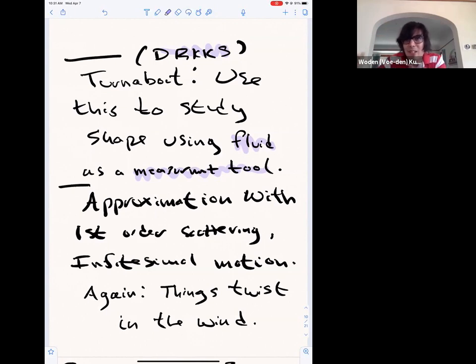Does it twist this way? What's going on there? I'm not going to care about what happens further along. That infinitesimal motion is going to give me some information about this object. We don't need to worry about how it evolves in time. We'll look at that instantaneous twist. So we'll think about that as first order scattering.